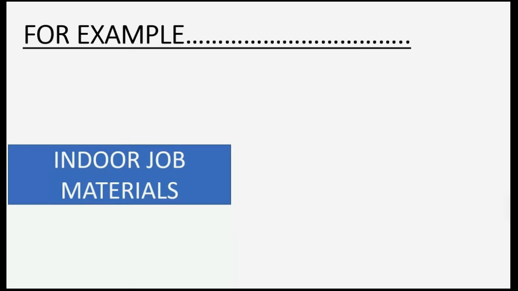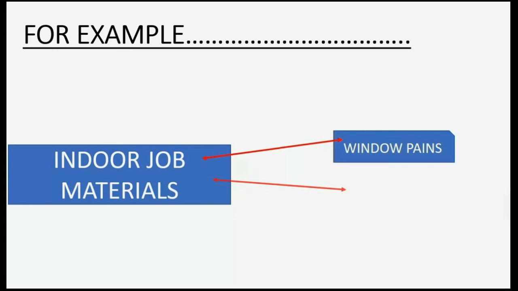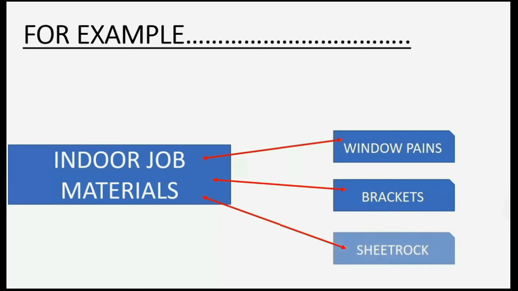Now, if we simply put the expense on the bill or check, we won't have quantity information, and the client won't know exactly what they're being billed for. But if we connect the account in the list of products and services to items that have names like window panes, brackets, and sheetrock, we can then put quantity information so the client has more detail about what they're being billed for and the quantity of the items themselves.